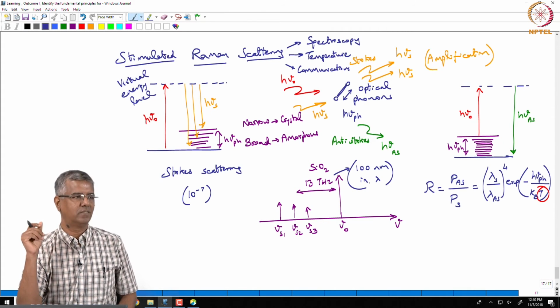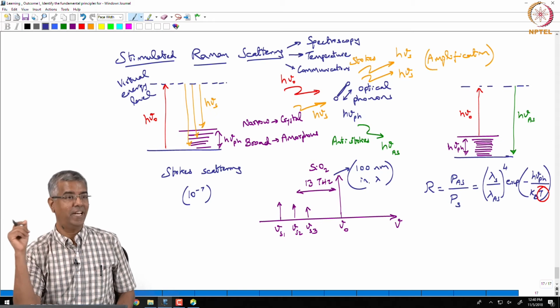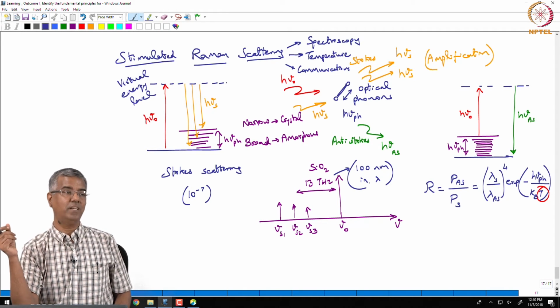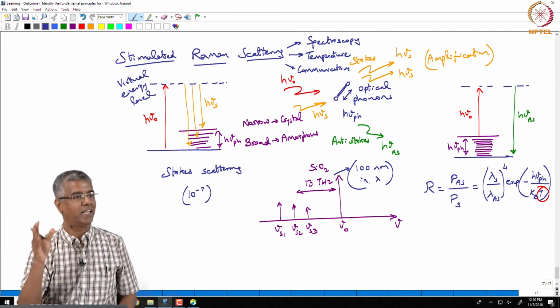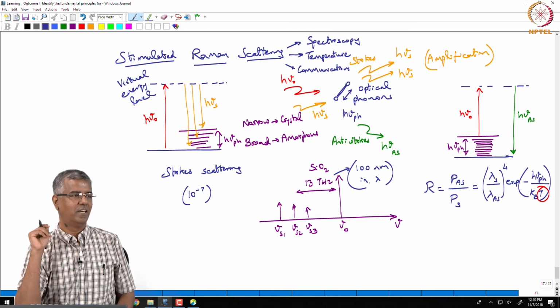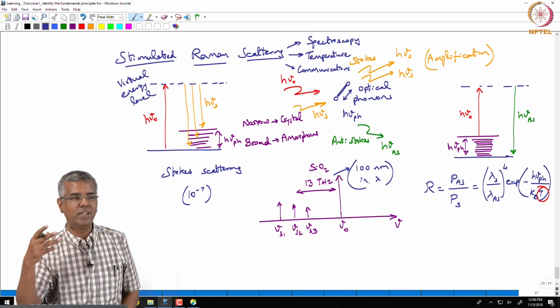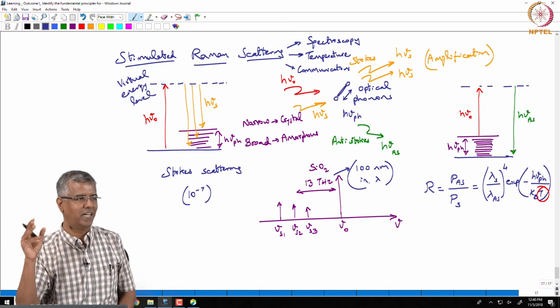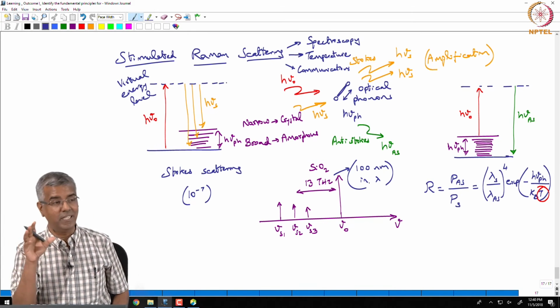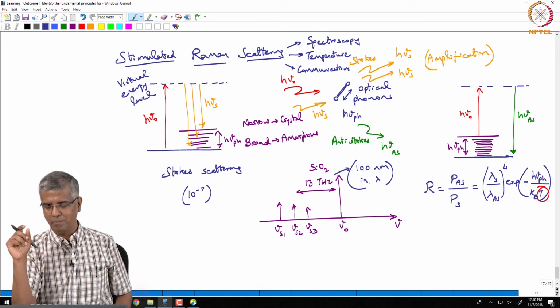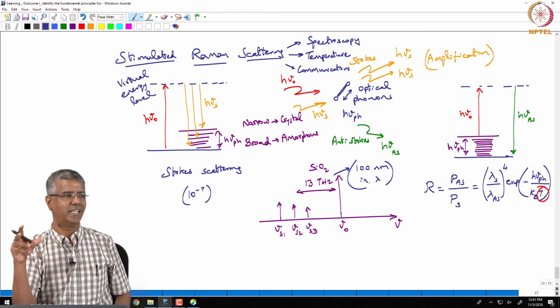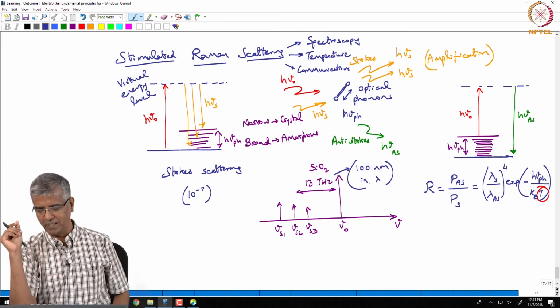1450 nanometers. If I want gain at 1560 nanometers, I come in at 1460 nanometers. If I want gain at 1300 nanometers, I'd come in around 1220 nanometers, and so on, right? Because 13 terahertz is the frequency shift, but that corresponds to a delta lambda that is different depending upon what wavelength range you are operating at.